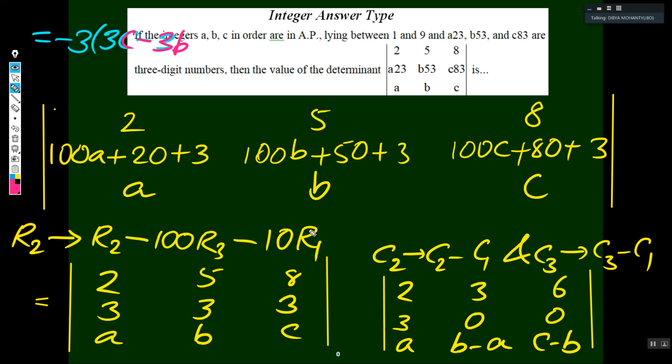C minus A came, yes, C minus A, you're right. Minus 3 into 3C minus 3A, minus 6B plus 6A.